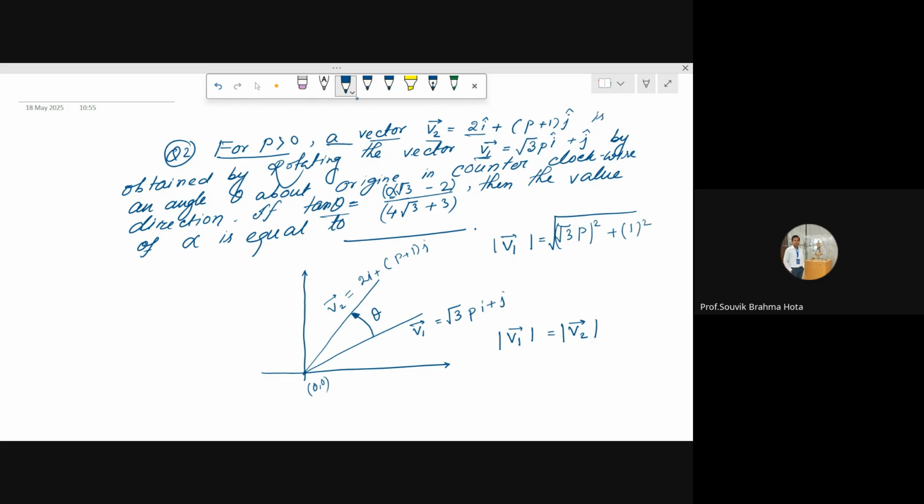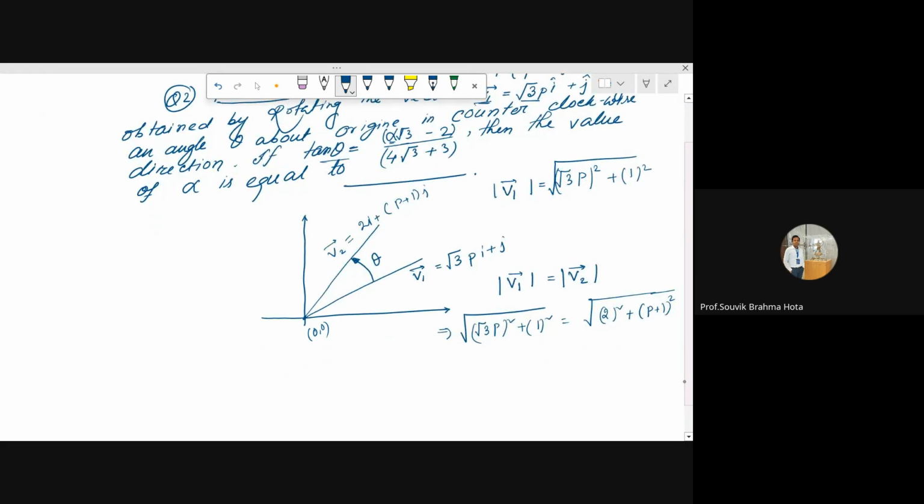Because modulus means the coefficient of i whole square plus the coefficient of j whole square, then the square root of that. Now you can write the same thing for v2. So for v1 it is square root of (root 3 p) whole square plus 1 square, and similarly here square root of 2 square plus (p plus 1) square. Now both sides have a square root.